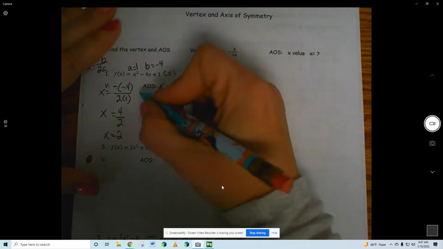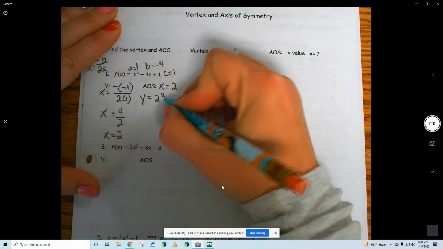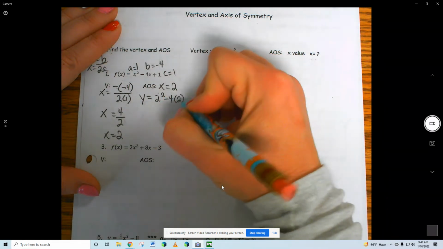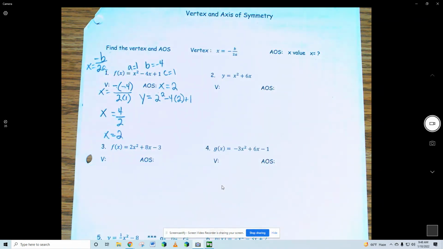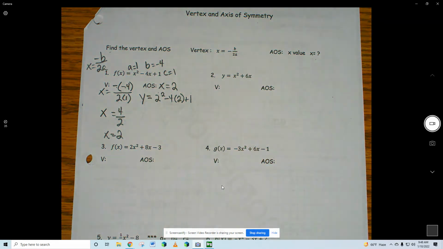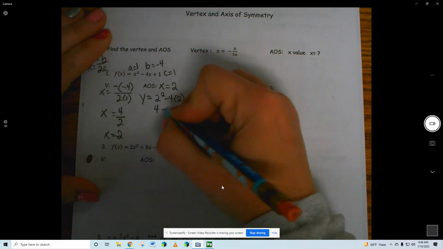Y equals 2 squared minus 4 times 2 plus 1. 2 squared is 4. 4 minus 8 plus 1.